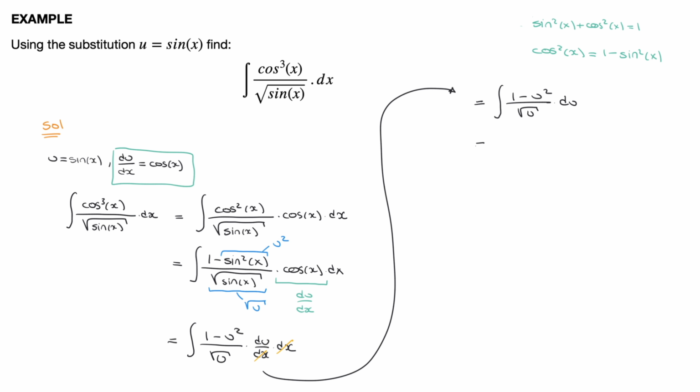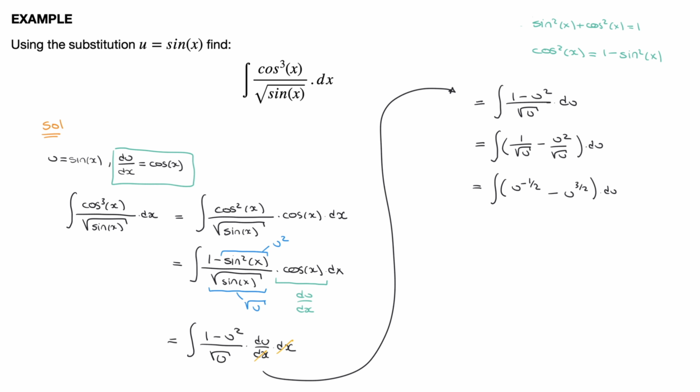Indeed, if I split that into two separate terms, so I'll say that's the integral of 1 over the square root of u minus u squared over the square root of u with the du at the end here, then I can rewrite each of these two terms as a simple power of u. And that would be equal to the integral of u to the power of negative 1/2 minus u to the power of 3 over 2.